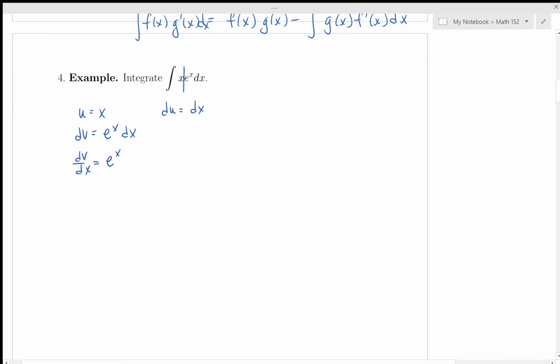And that means here that v is e to the x. Okay, then I apply the integration by parts formula, the integral of x e to the x dx. That is going to be uv, x e to the x, minus the integral of v du.